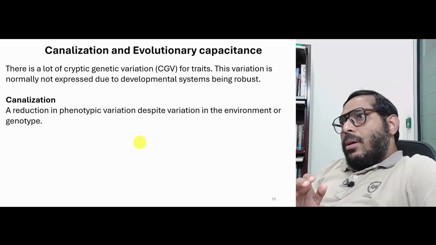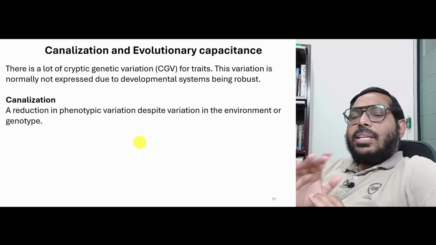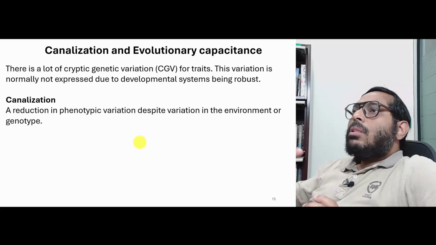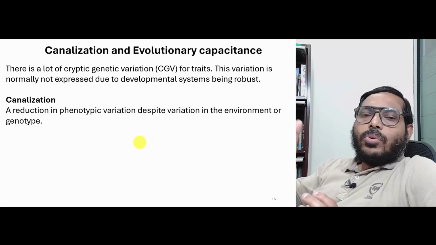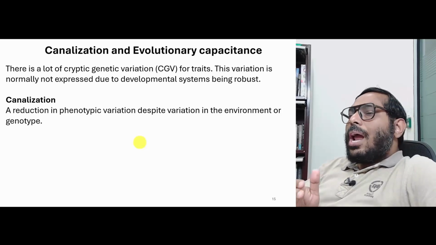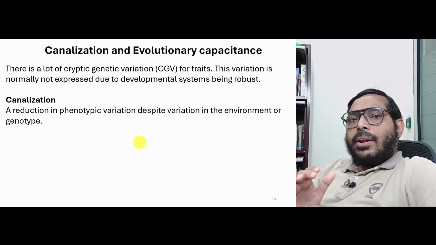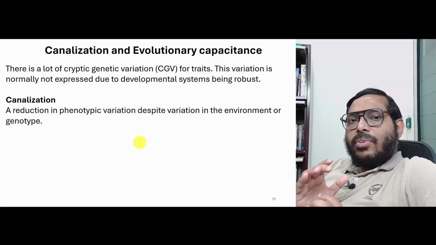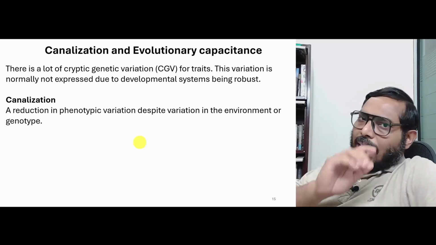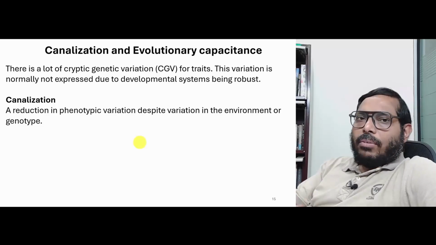Now, if the organism has no way to buffer this variation, then everybody is going to get continuous developmental shocks. So, at some level you need some way to buffer environmental variation to some extent. So, that is canalization. However, there has to be a limit to the buffering.